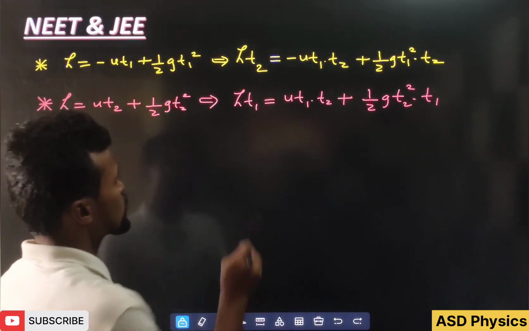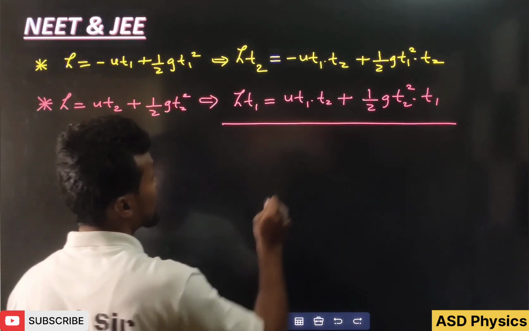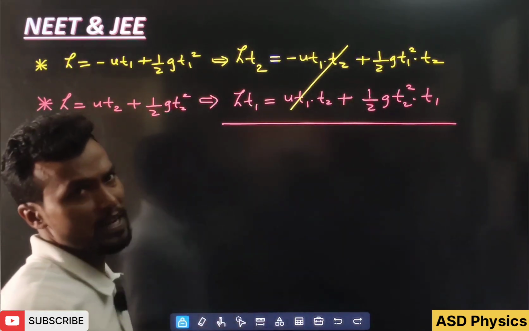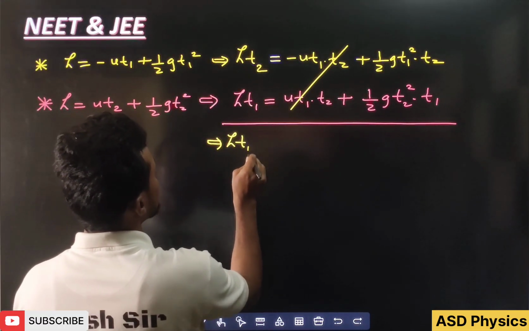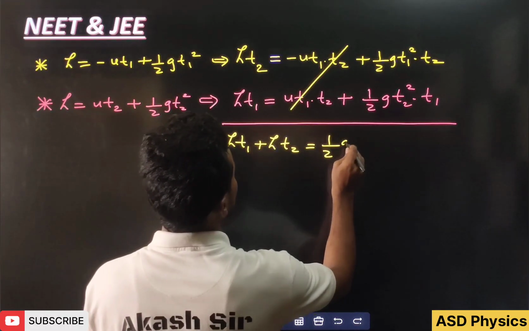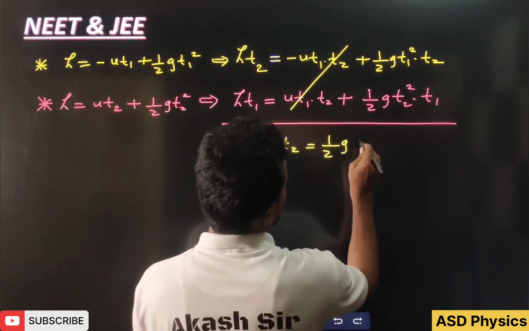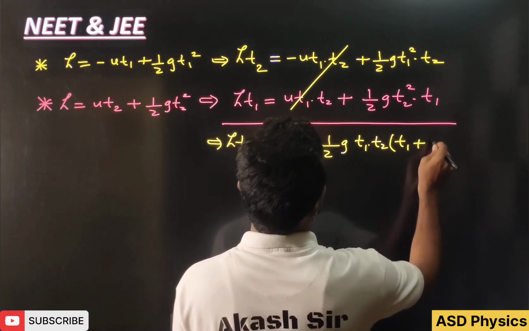Now I will add both the equations. When I add them, the minus and plus terms cancel out. So ht1 plus ht2 is equal to half g, and if I take t1t2 common, it becomes t1 plus t2.